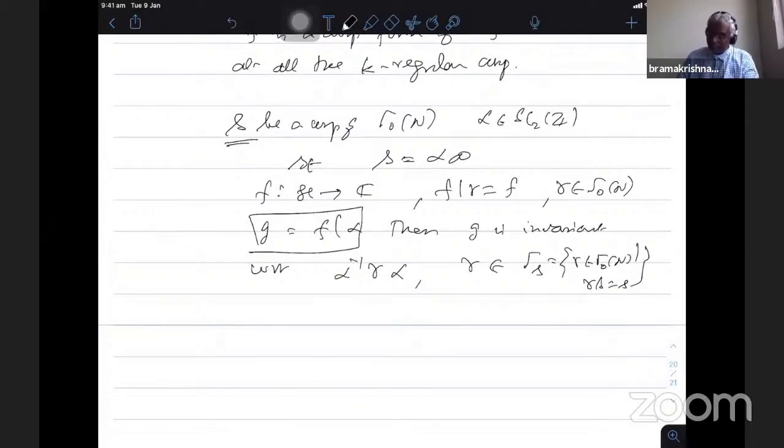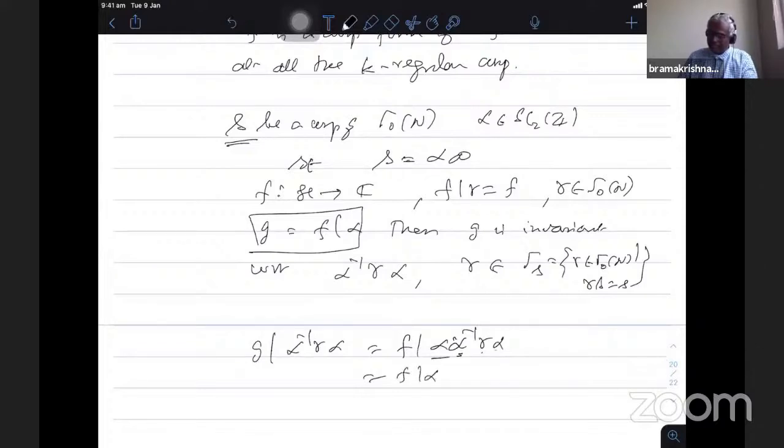When I apply g bar alpha inverse gamma alpha, that is F bar alpha, alpha inverse gamma alpha. Gamma is invariant under F bar alpha.